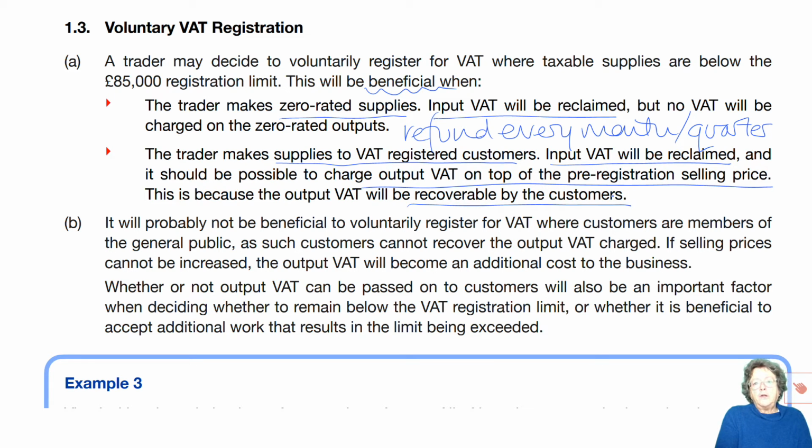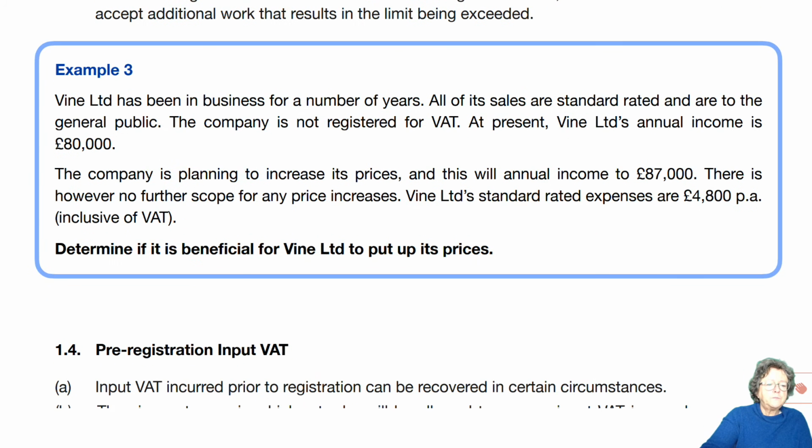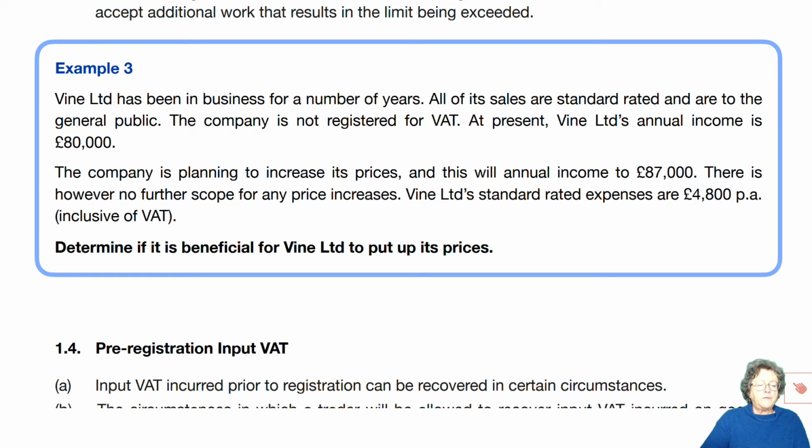But if you are voluntarily registered for VAT, there's a lot of paperwork, there's a lot of admin, and you have to fulfill all the requirements for your invoices, your paperwork. And the VAT people have great powers of entry, and you do have to fulfill all the requirements, because basically it's a tax that the individuals are collecting on behalf of the revenue.